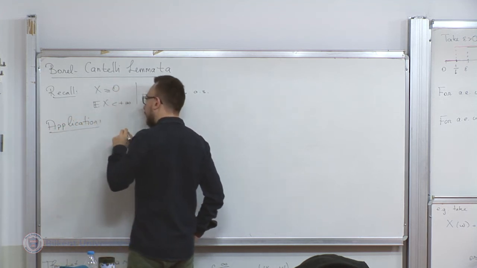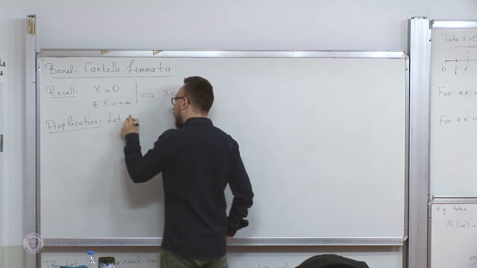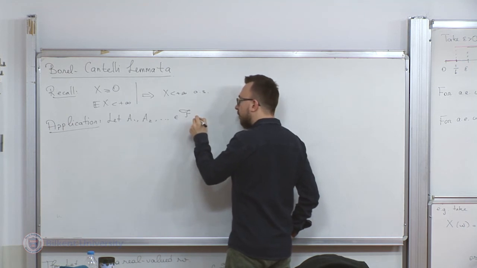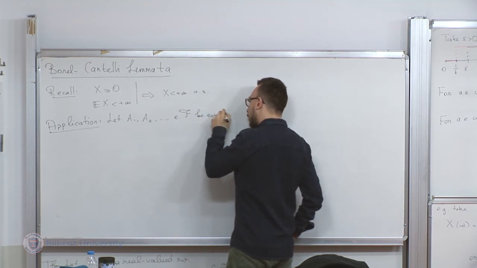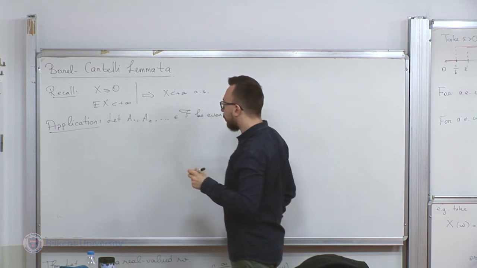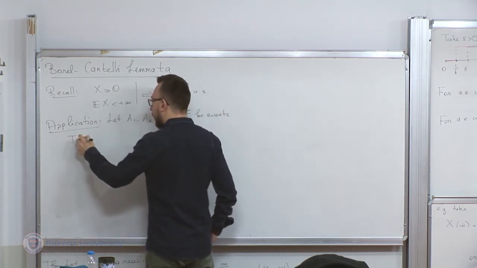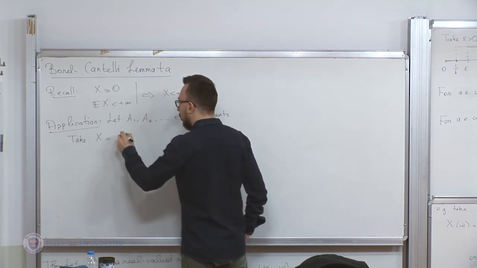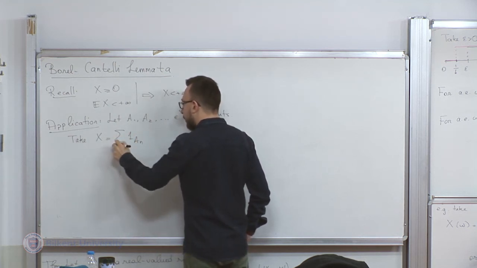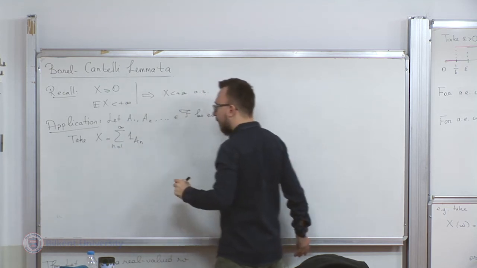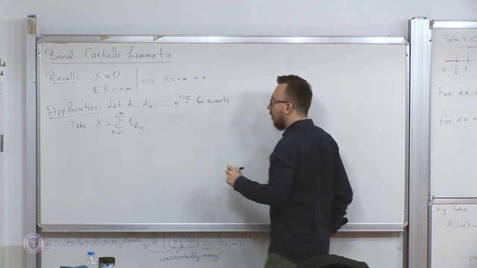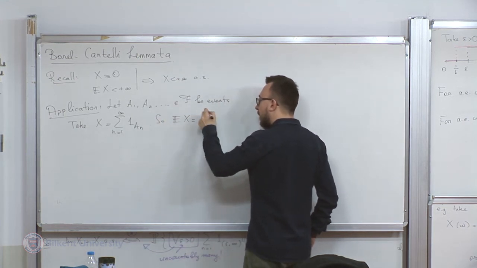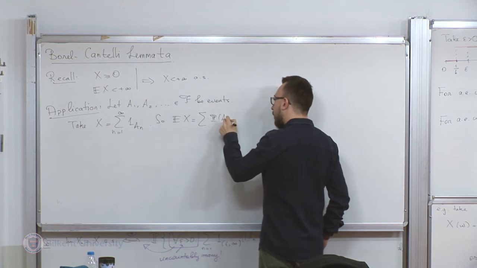All we do is to apply it. Okay, application of this. Let A1, A2 be events. Take X as the sum of their indicators. So the expected value of this is what? Sum of the probabilities.